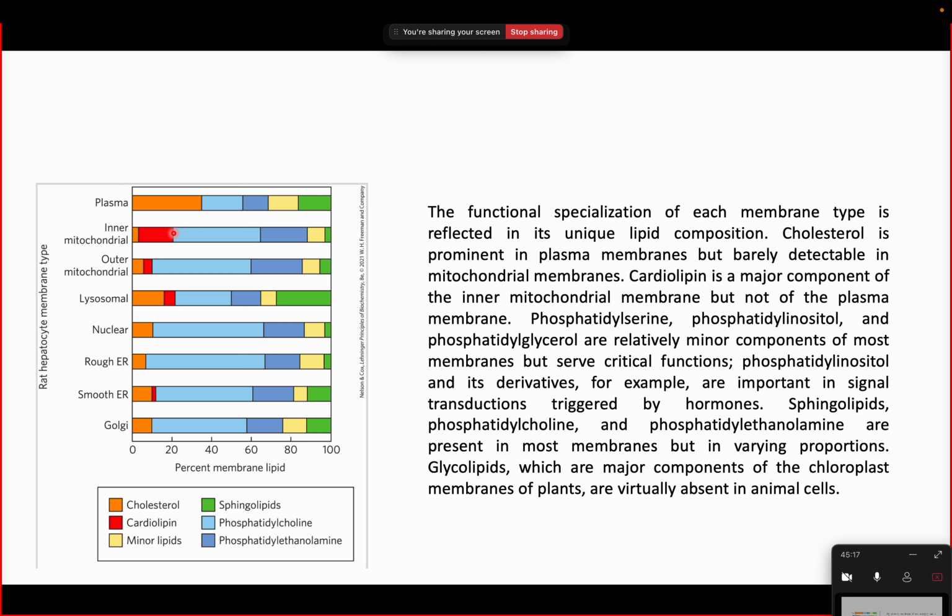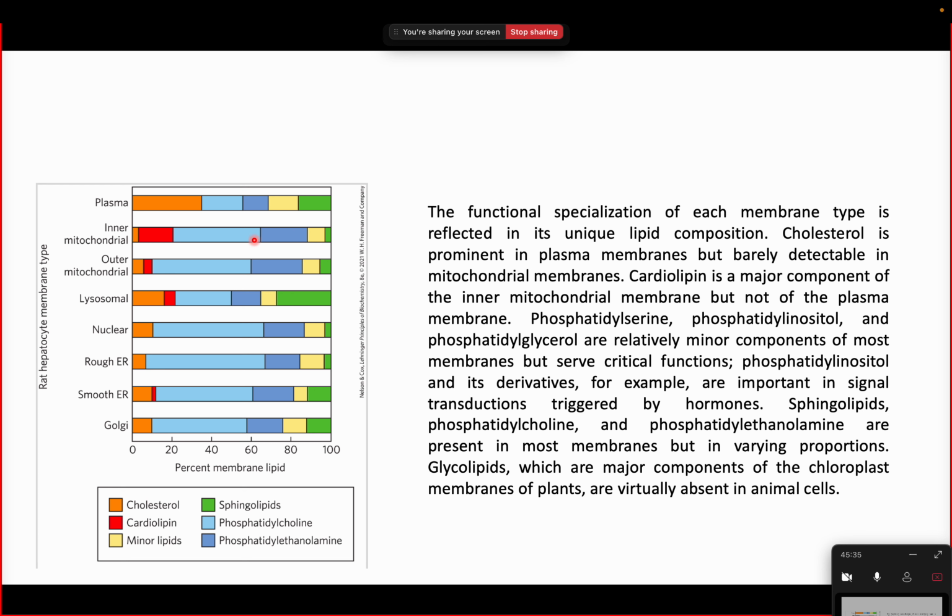In the plasma membrane, phosphatidylcholine, PC, is present in an okayish amount, while PC is more abundant in the inner mitochondrial membrane.